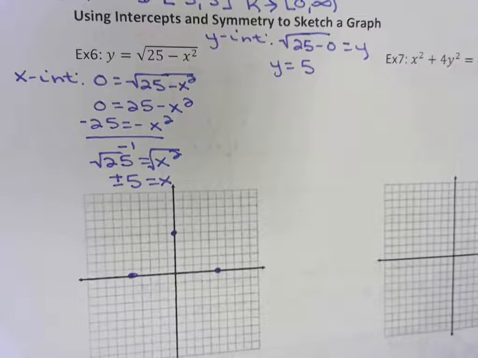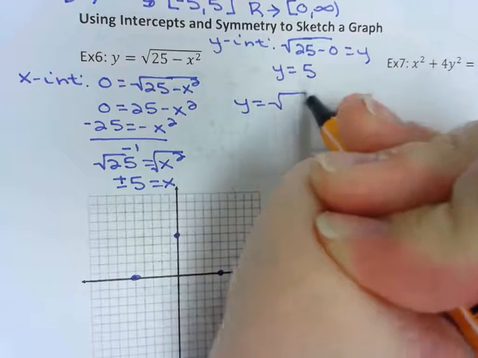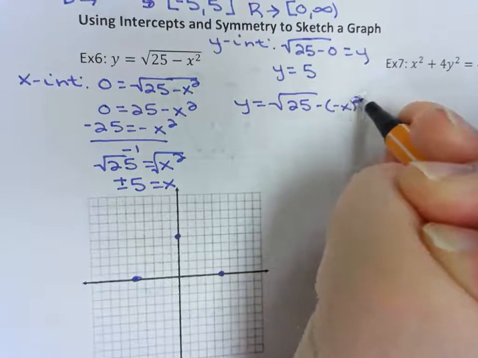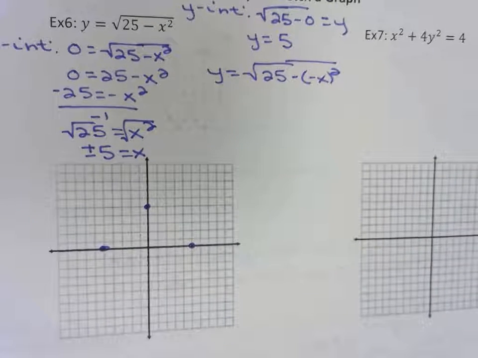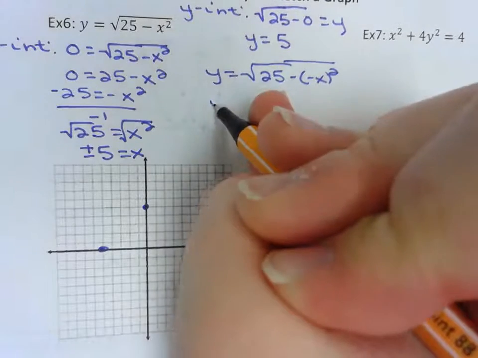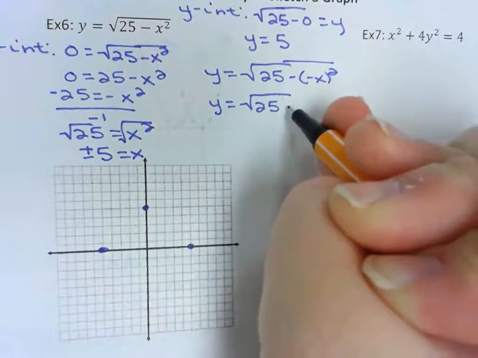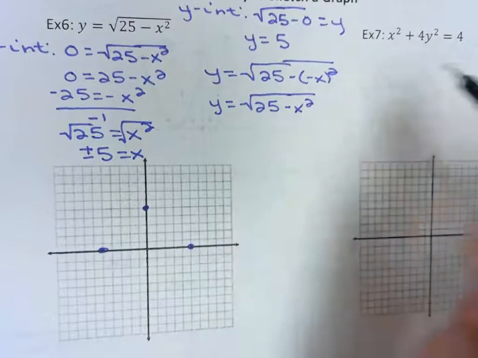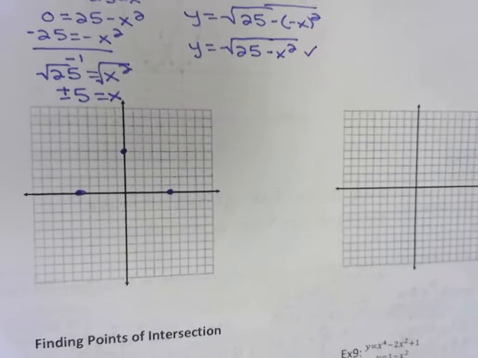That's the only exponent I have, and it's even. So let's plug in a negative x value and see if I get back the original. y equals the square root of 25 minus negative x, squared. A negative squared is a positive, so that's just going to keep the negative x squared. So yeah, it's symmetric with the y.